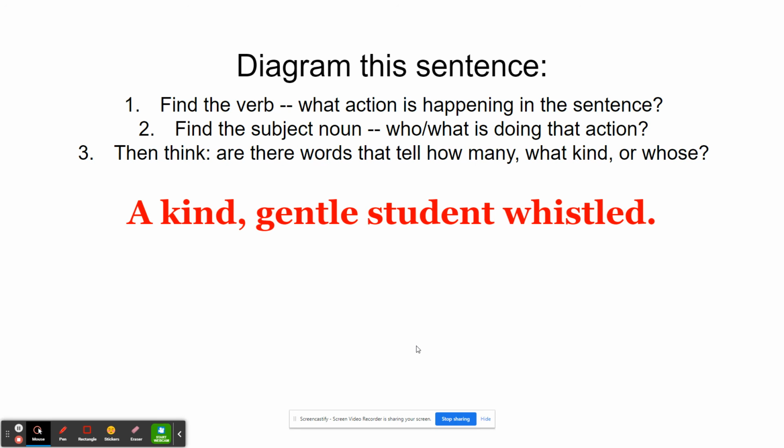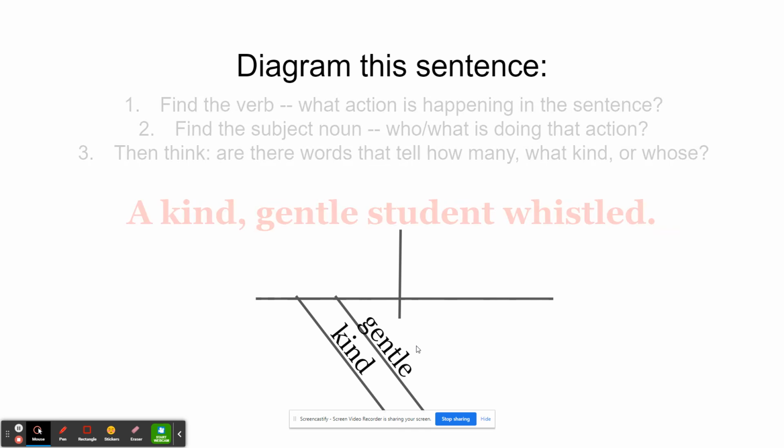Josie, where did you put A? Under student. Remember, A and the all tell us that a noun is coming. So they get diagrammed on the slant under the noun. One more word. Where did you put the word gentle, Farah? I put the word gentle under student. Under student, right? It tells us what kind of student.